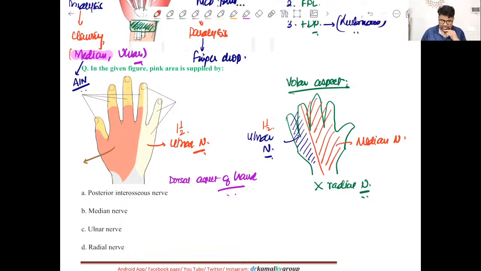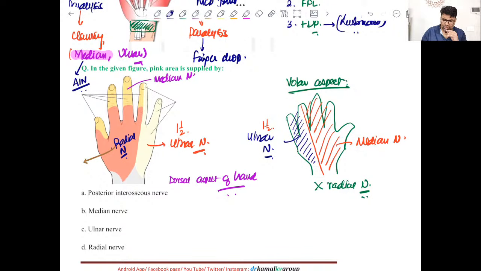Now when we talk about the lateral 3.5 dorsum part, it is not the entire area that is the territory of median nerve. Median nerve is limited only upwards, right? So orange part is median nerve, and lower down this is all radial nerve, right? So in simpler terms, dorsum of first web space, second web space, like that is all radial nerve.